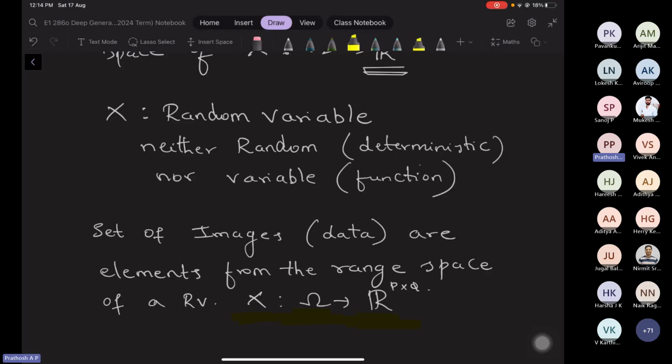I'll write all that down because you asked. The story is that instead of working with deterministic functions, we work with probability measures. Those probability measures get translated into distribution functions under random variables. Because we get to see random variables, we work with distribution functions. So the entire story is: given some elements from the range space of a random variable, estimate the underlying distribution function.